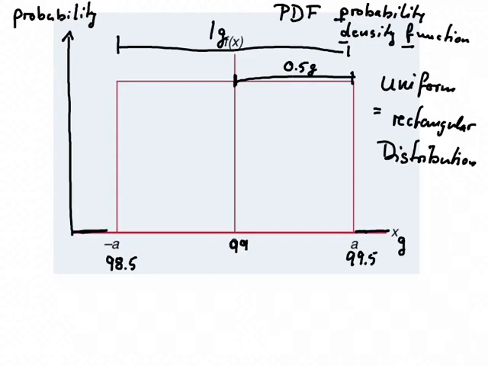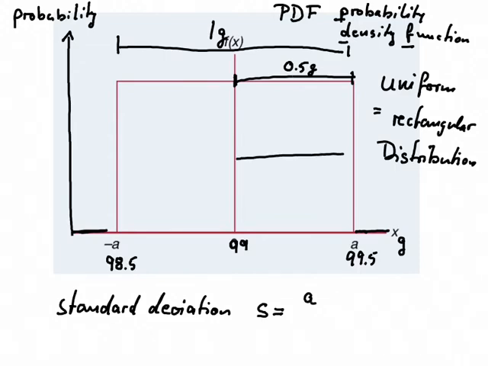And a characteristic of a rectangular distribution is that the standard deviation for a rectangular distribution is given by the equation S equals A, that is this part here, divided by the square root of 3.